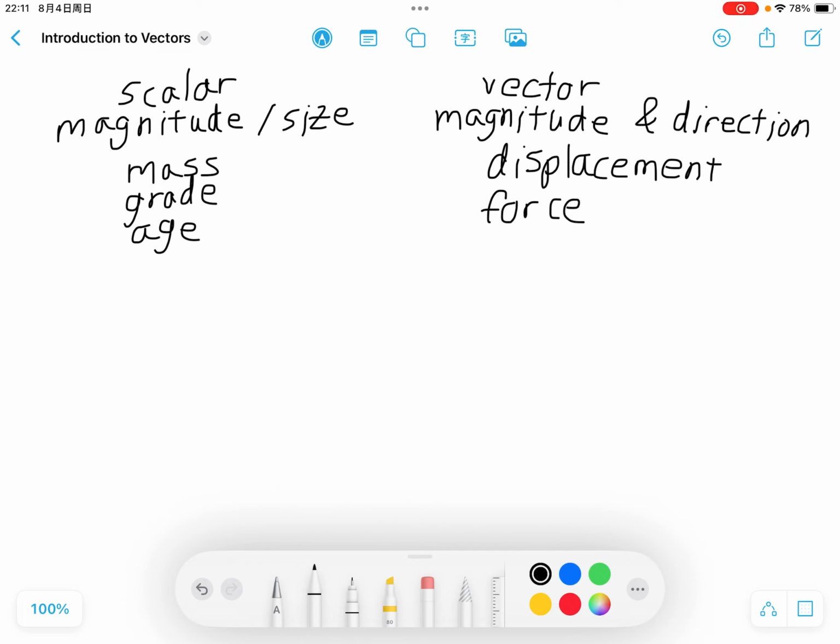You can say I threw this object 10 meters to the right. That makes sense too. Or you can say the direction where something is going, like I walked 10 meters to the north of our house to the shop. That's also a vector. So anything that has both magnitude and direction.